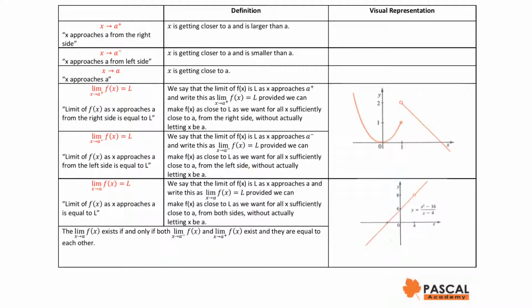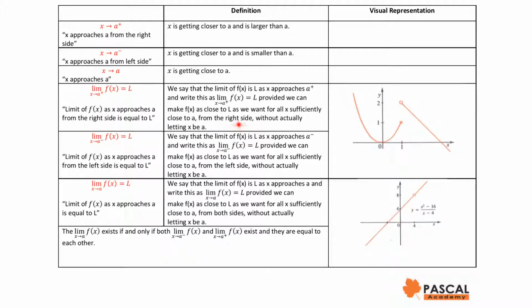Similarly, we define limit of f of x as x approaches a from right side equals L, when f of x can be as close as possible to L for all x sufficiently close to a from the right side.